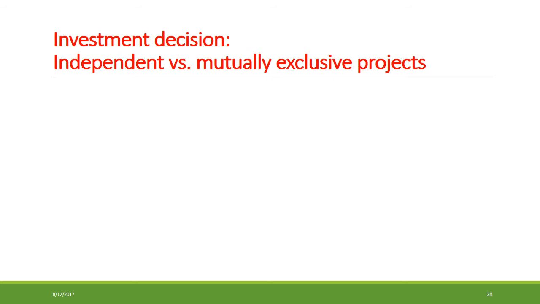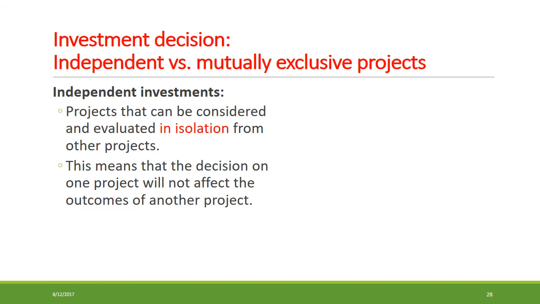We then look at different types of investment decisions. We have independent projects and we have mutually exclusive projects. So what do we mean by independent projects? With independent investments, if we invest in one project, we still can invest in the other projects. So independent investments are when the decisions can be made independently. If we decide to invest in one project, we don't have to forego the other one.